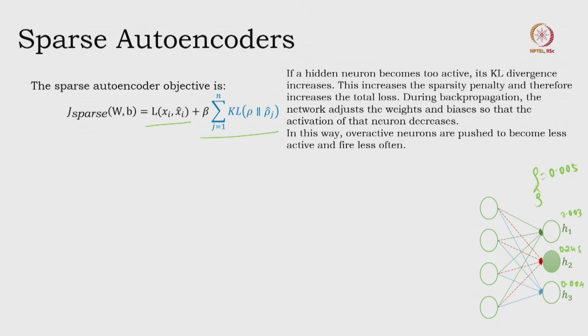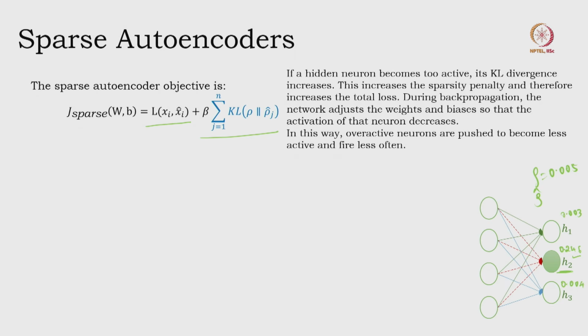Now when you look into this, on an average H2 is active most of the time, but a sparse autoencoder says you should not allow that to happen. Just imagine if the average activation is more, which means this is the neuron which is active.